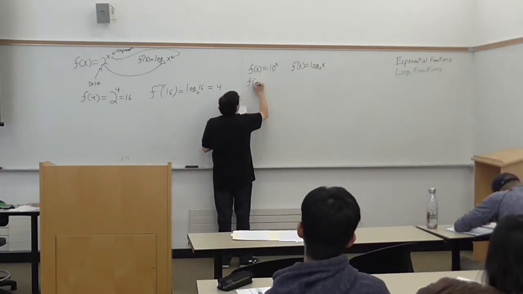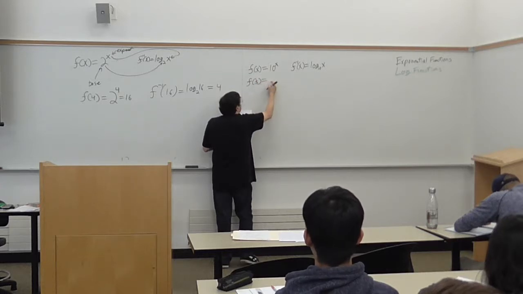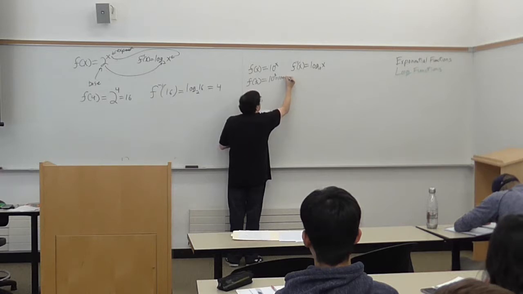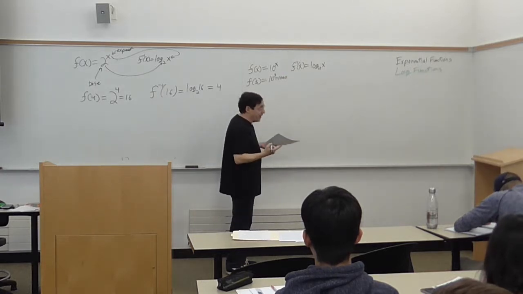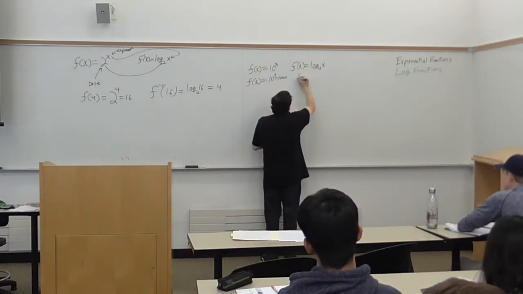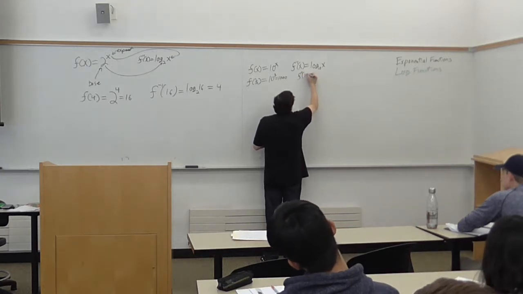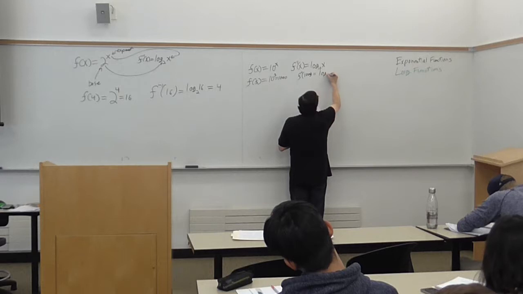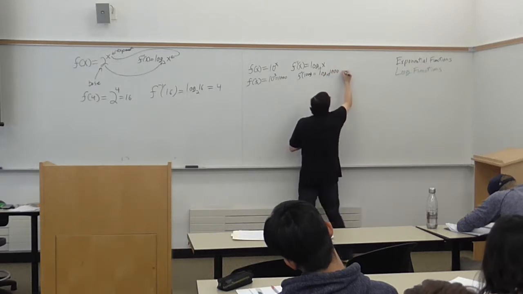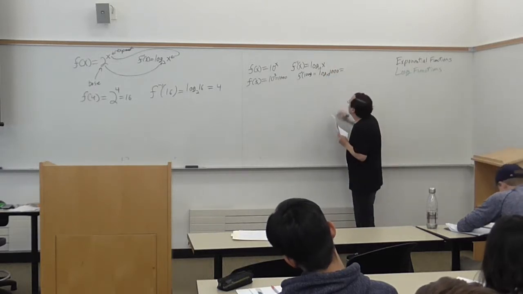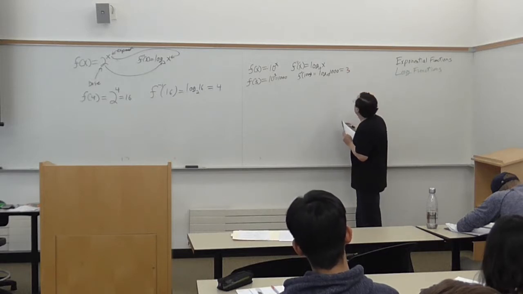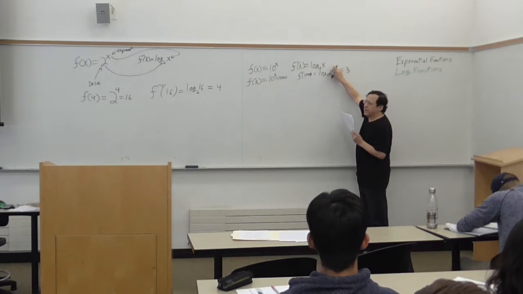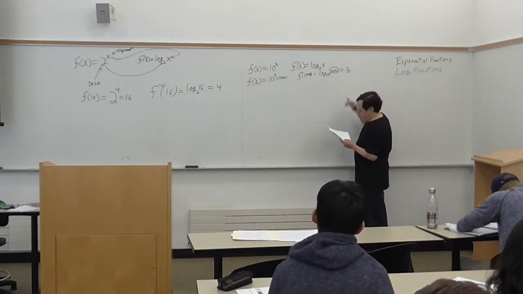Let's say f of 3. That's 10 cubed, which is 1,000. So if I ask what the inverse function of 1,000 is, that's log to the base 10 of 1,000, which of course is equal to 3. In other words, I want to know, what do I raise 10 to get 1,000? The answer is 3.